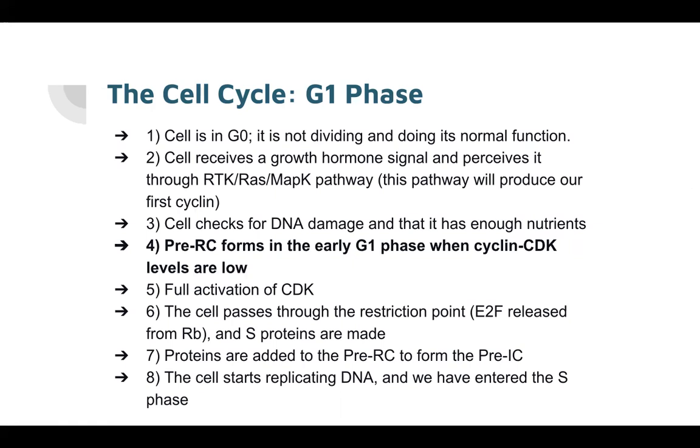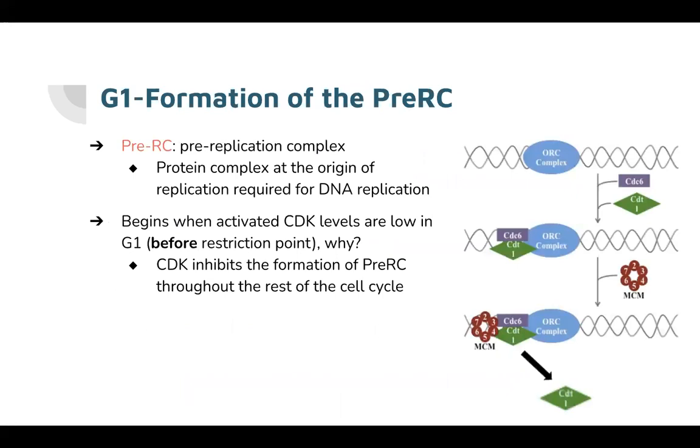Okay, so the first thing on this list that we're going to go into a little more detail on is pre-RC formation. So pre-RC is the pre-replication complex. It starts when the ORC, or origin recognition complex, binds to the DNA.